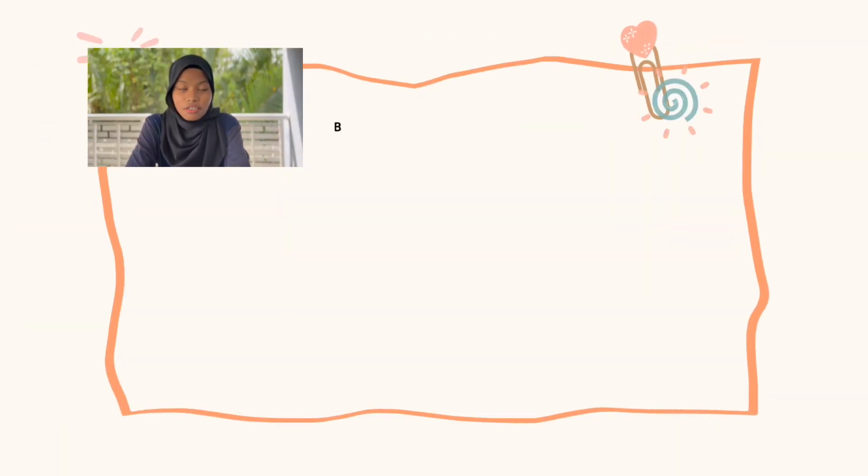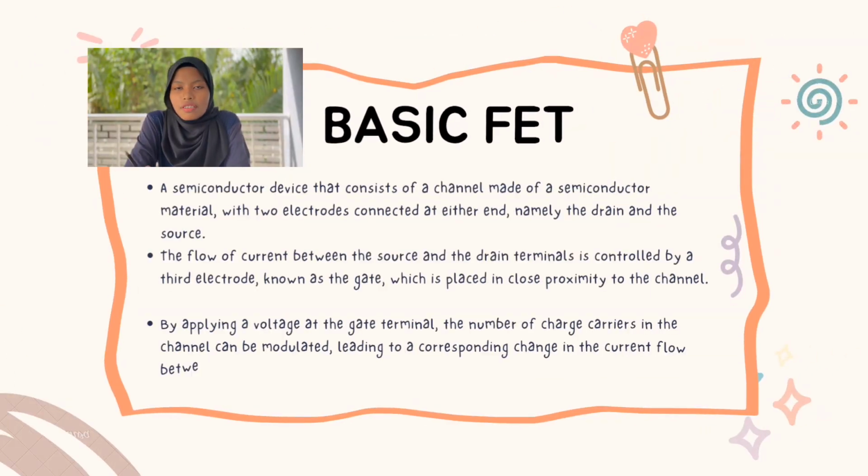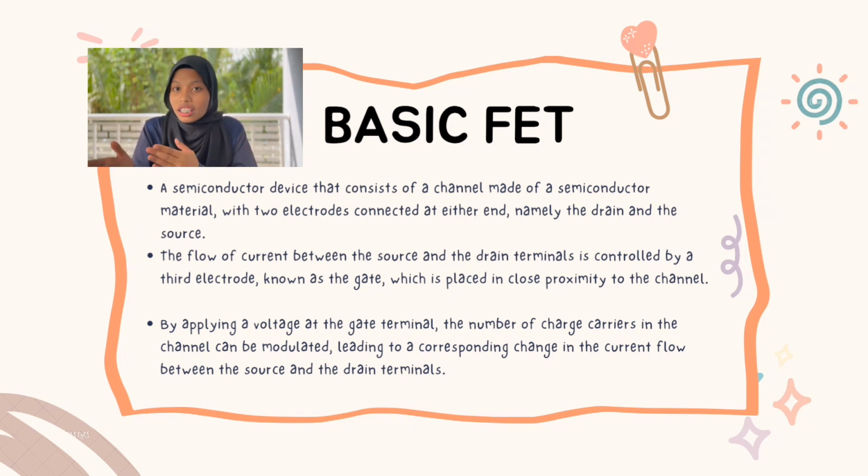What is Field Effect Transistor? Field Effect Transistor is a semiconductor device that consists of a channel made of a semiconductor material with two electrodes connected at either end, namely the drain and the source. The flow of current between the source and the drain terminals is controlled by a third electrode, known as the gate, which is placed in close proximity to the channel.